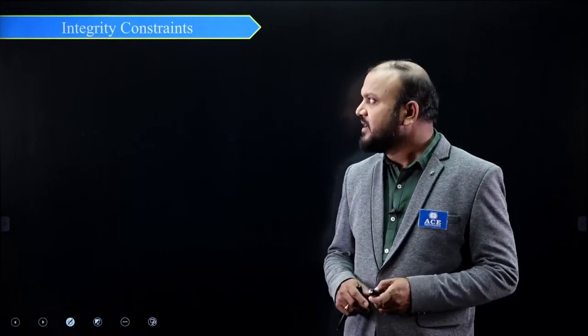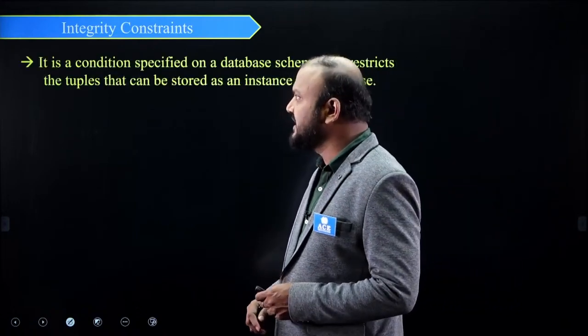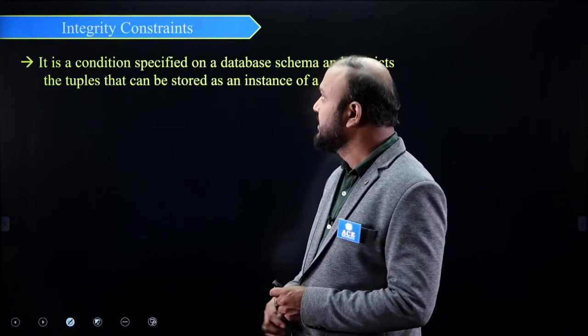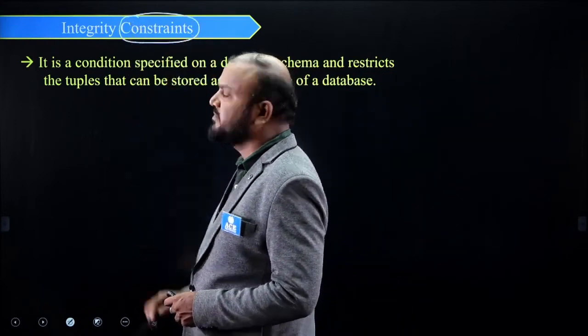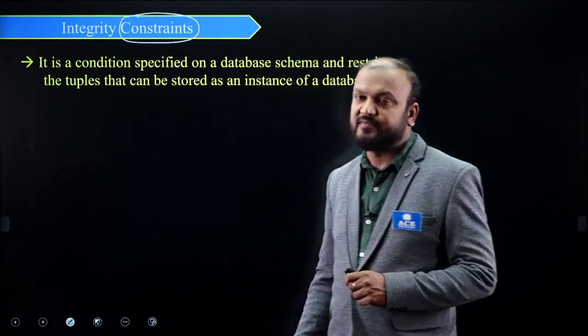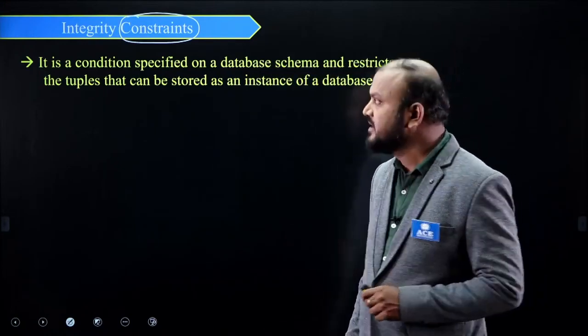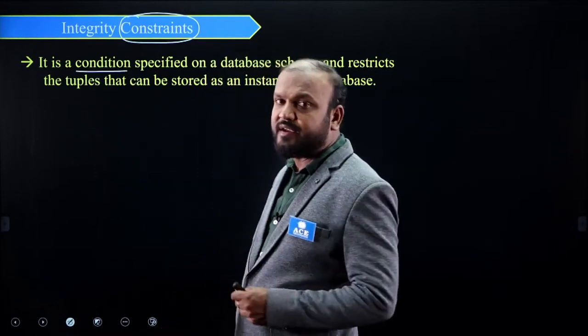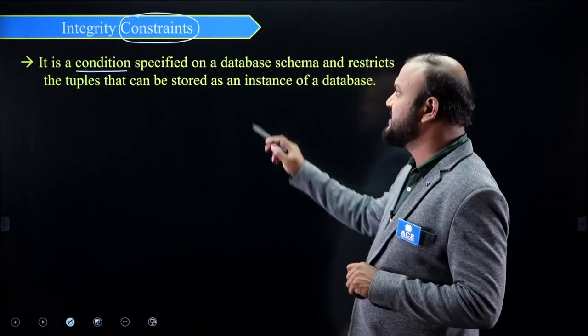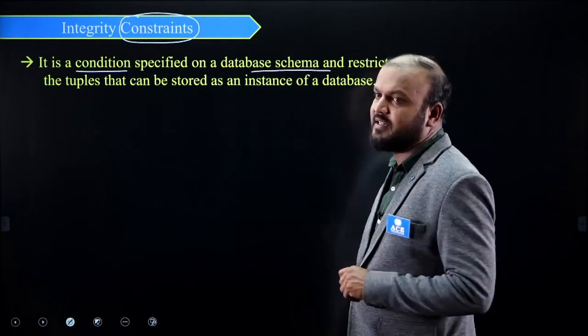Have a look at a concept called integrity constraints. What is the meaning of integrity constraint? Simple. Constraint is nothing but a condition. It is a condition on a relation schema, specified on a database schema.